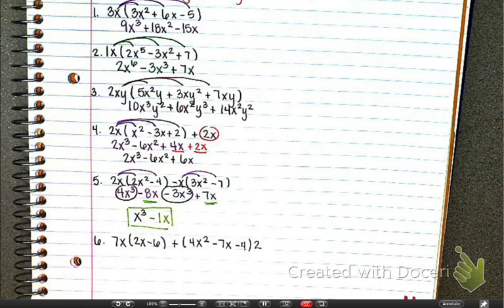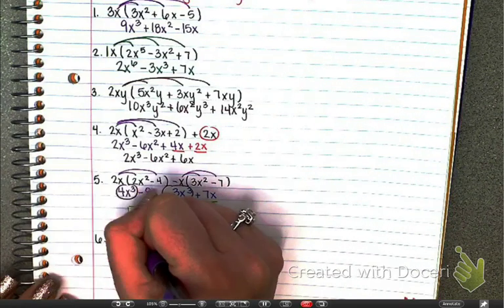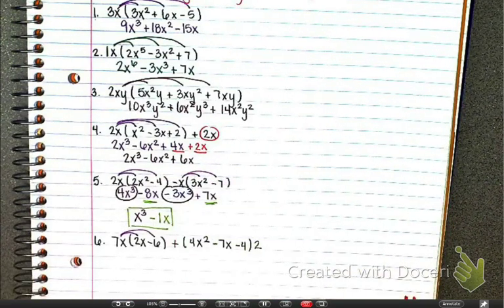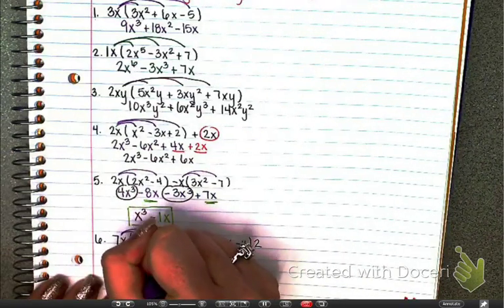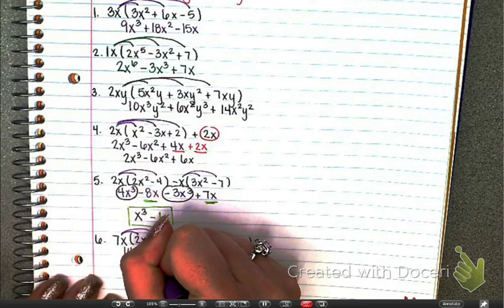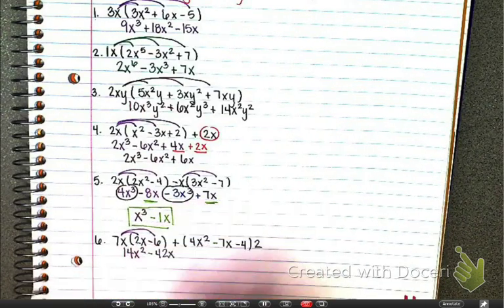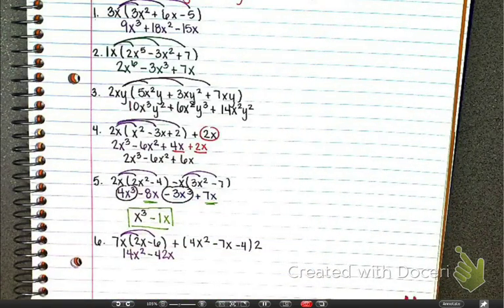Yes? Okay. All right. So I am going to assume that you were able to distribute the 7x in with no problem, right? So you should have 14x squared minus 42x. So far, so good? Okay, what'd you do next?